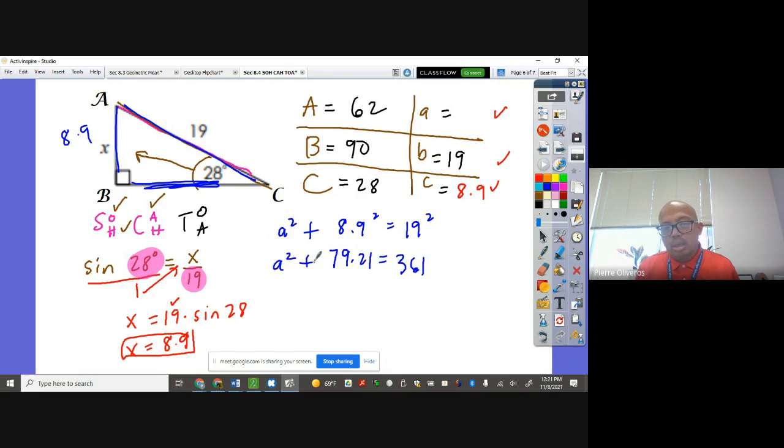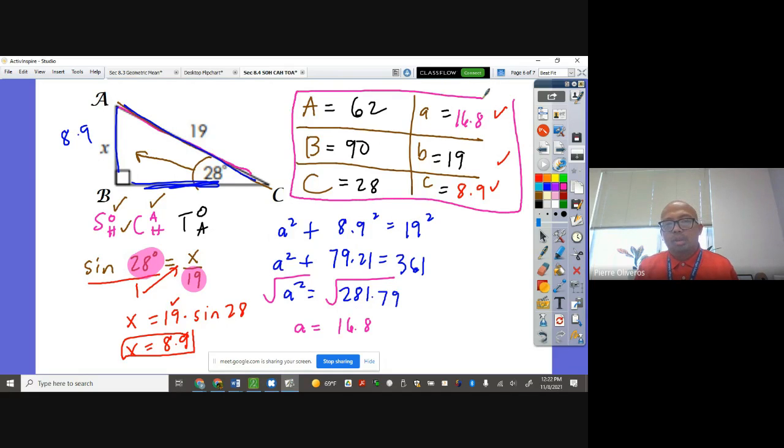Subtract them: 361 minus 79.21 gives us a squared equals 281.79. Take the square root of that, which gives approximately 16.8. So this is 16.8.